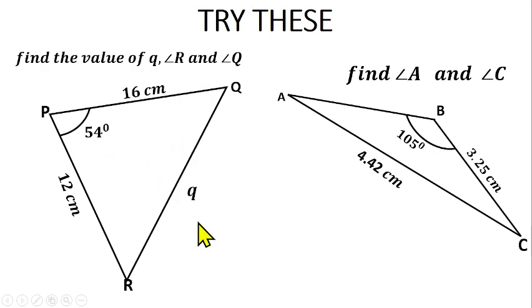You should be able to tell which principle to use, whether sine rule or cosine rule. Also in this one, we have to find angle A and angle C, given this angle, the side facing it, and this side. Tell us the principle you can use, whether sine rule or cosine rule.